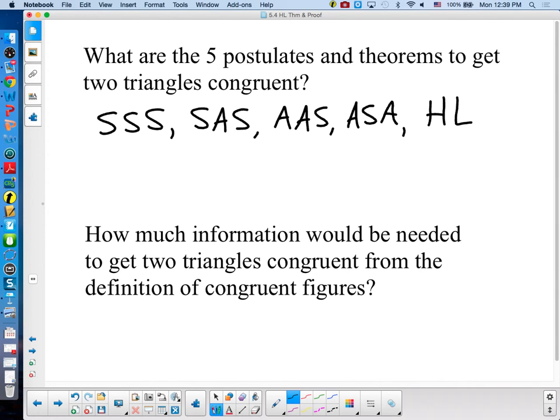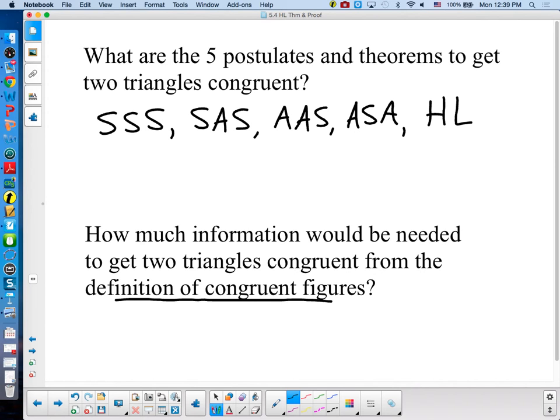And then today, HL, hypotenuse leg. Correct. And if we would go back to the definition of congruent figures, how many pairings do you have to have, where all corresponding parts are congruent? 3 pair of sides and 3 pair of angles.